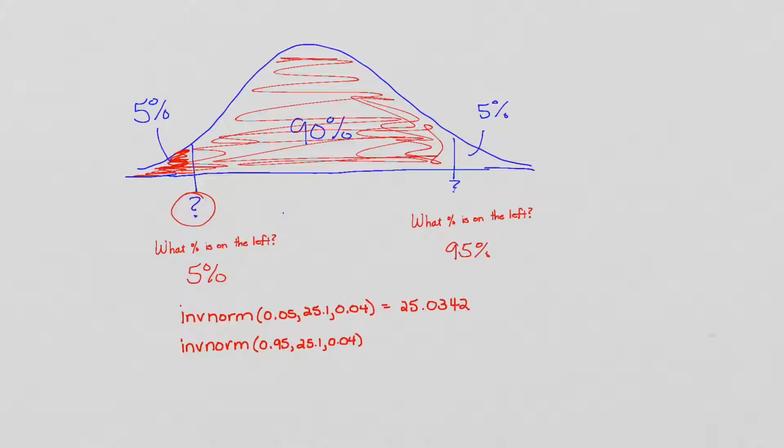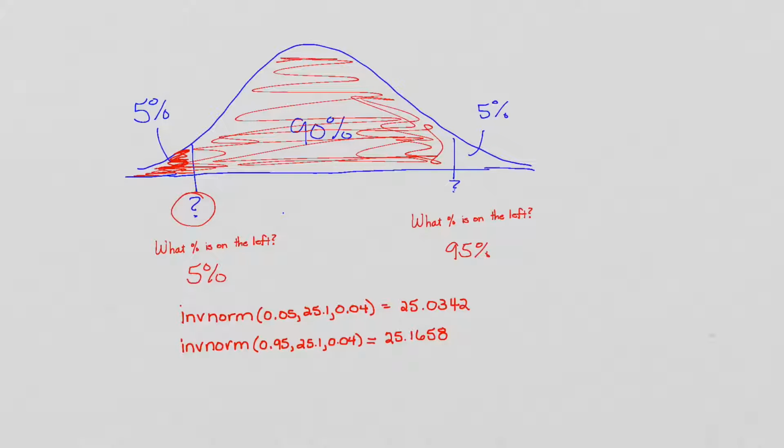And when I have 95% on the left, or 5% on the right, which is the same thing, then I have 25.1658. So those are our values.